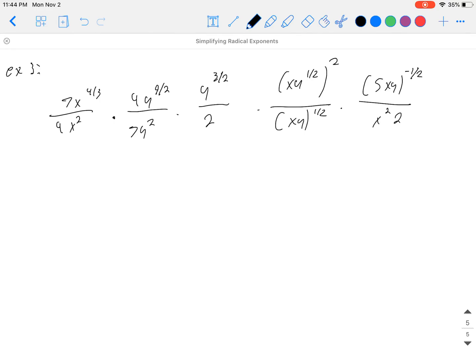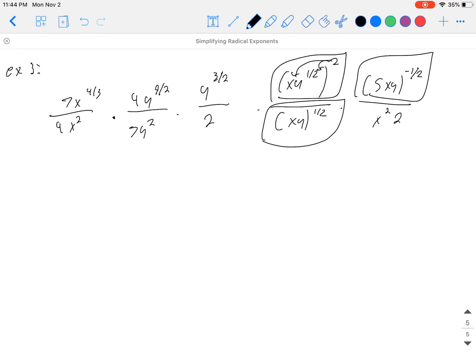Alright, so before we go with anything now, we will have to take these three terms and distribute the exponents. So we'll move the 2 to the x and to the y, the 1/2 to the x and to the y, the negative 1/2 to the 5, to the x and to the y. So let's move this down. We have x squared times y, since y to the 1/2 times 2 equals y.